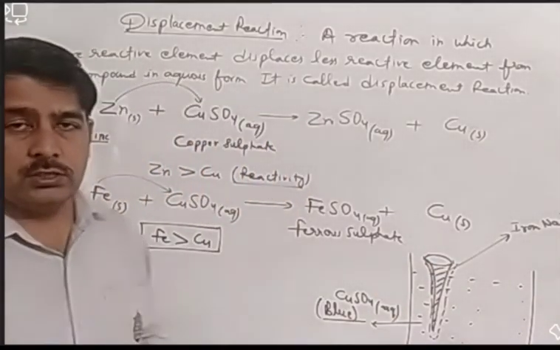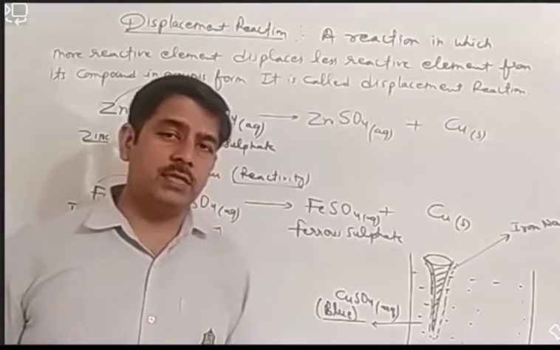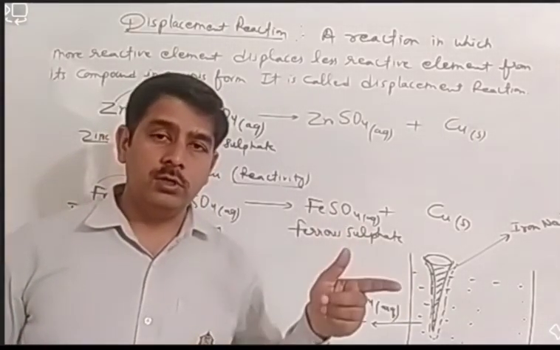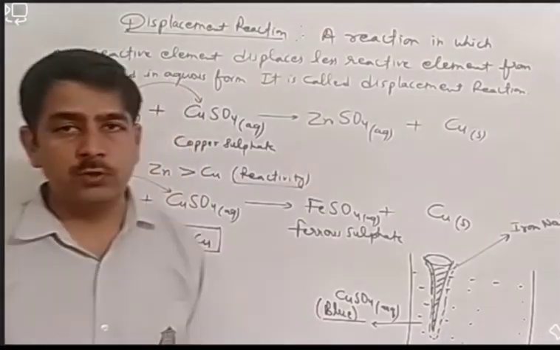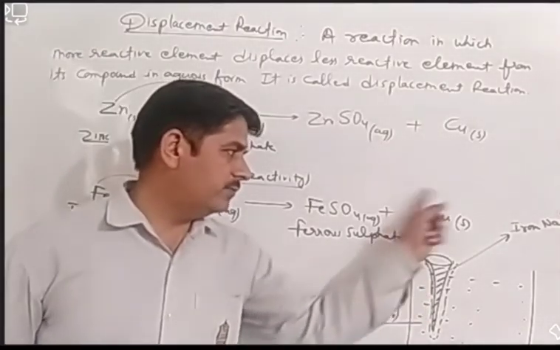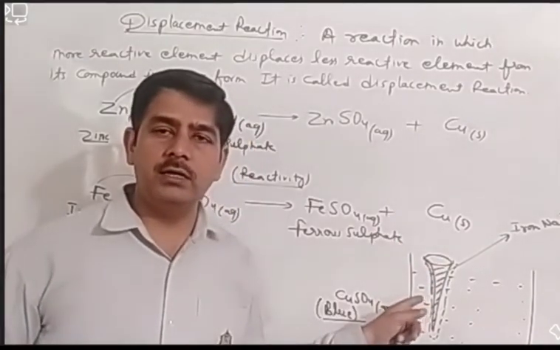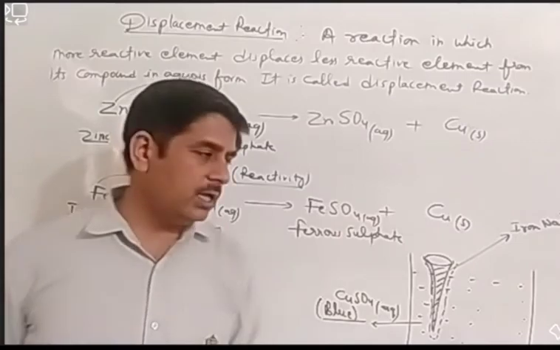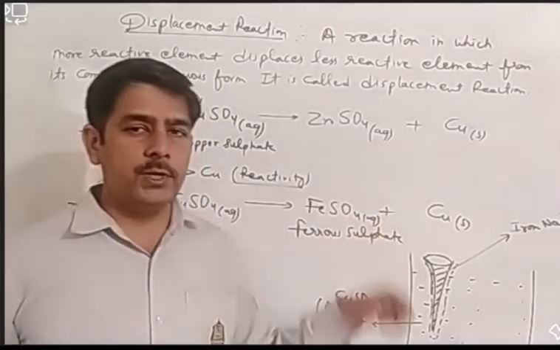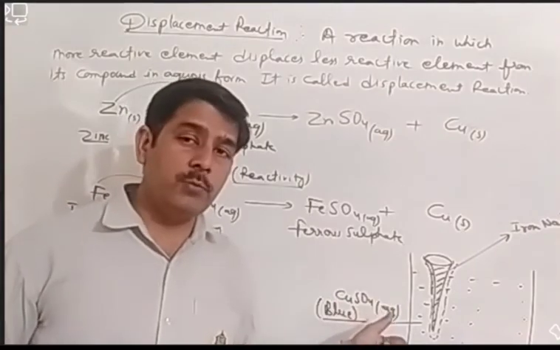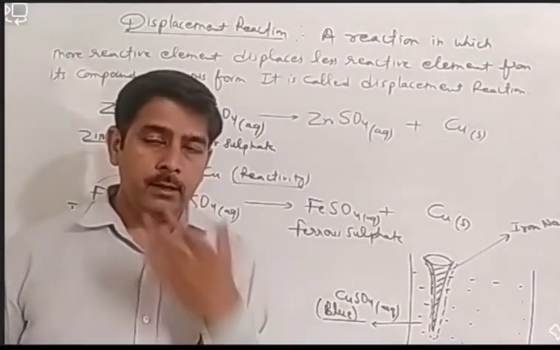Sometimes this question can be asked: why does the iron nail become brown when it is kept in copper sulfate solution? Because of the deposition of copper on the iron nail. And a second thing can be asked: when we put an iron nail into copper sulfate solution, why does the blue color of copper sulfate disappear?